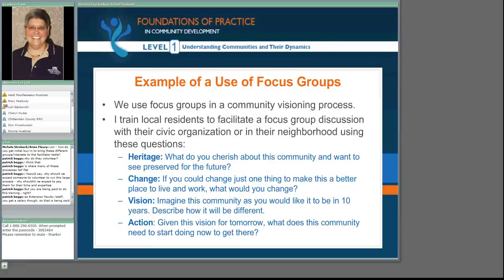We've been doing this for 20-some years, and we've developed a set of questions that really seem to work in terms of generating a lot of conversation and a remarkable level of consistency in responses, regardless of whether the discussion was being held by the chamber, a humane society, a church group, or an educational group.